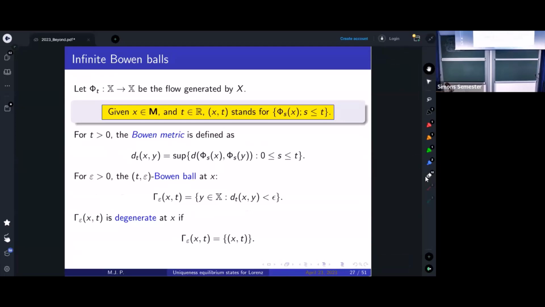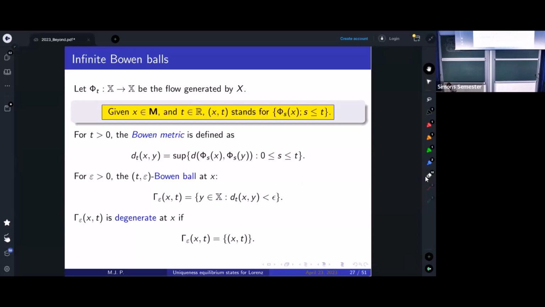For instance, for expansiveness, first let me define what we call infinite Bowen balls. This means that you have the flow generated by a vector field, and given some point x in the manifold, we denote by x_t the segment of orbit for s less than or equal to t.